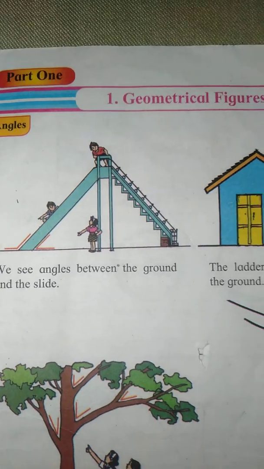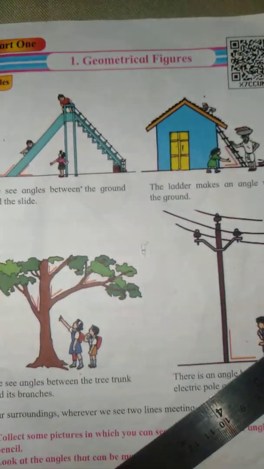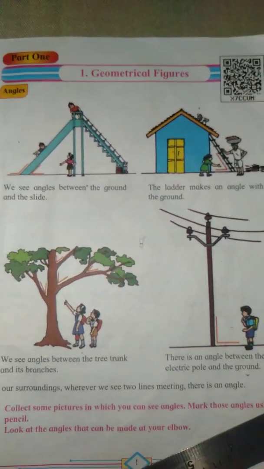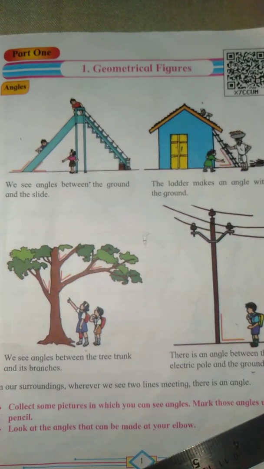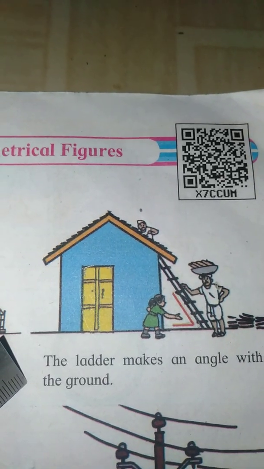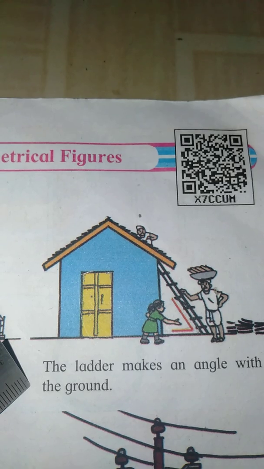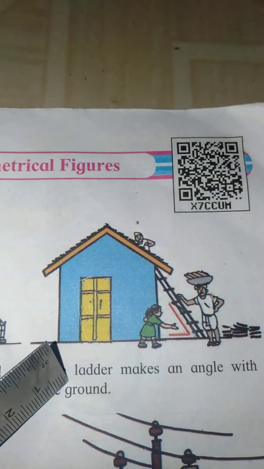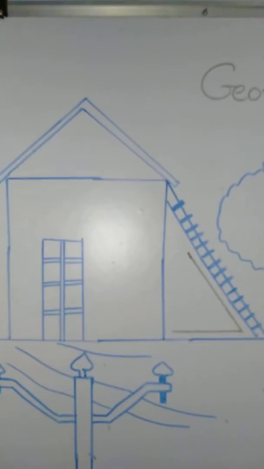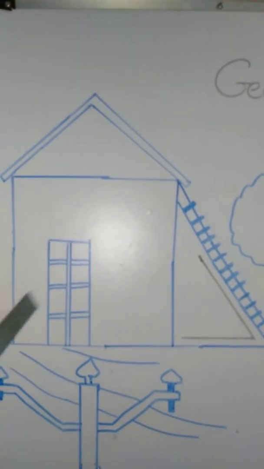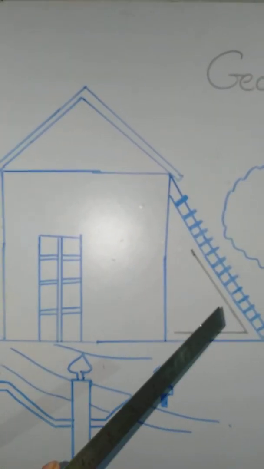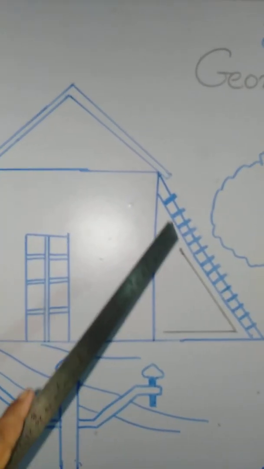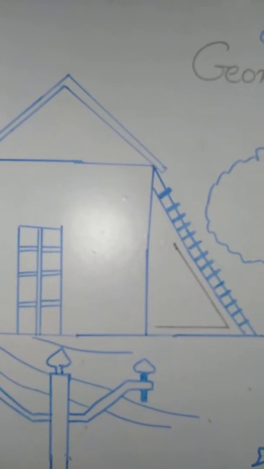Now I will explain all these examples with the help of the blackboard. See, students, this is the picture of a ladder. This is the house and this is the ladder.